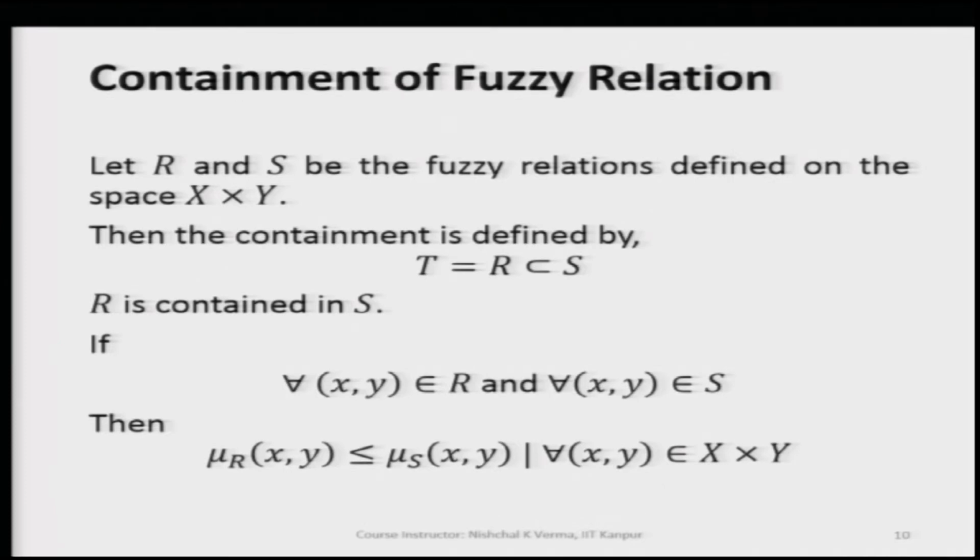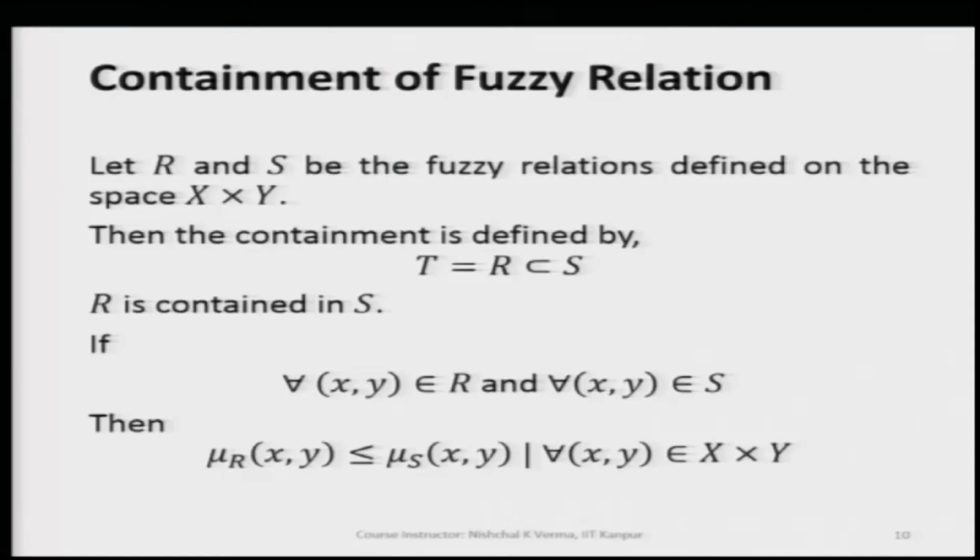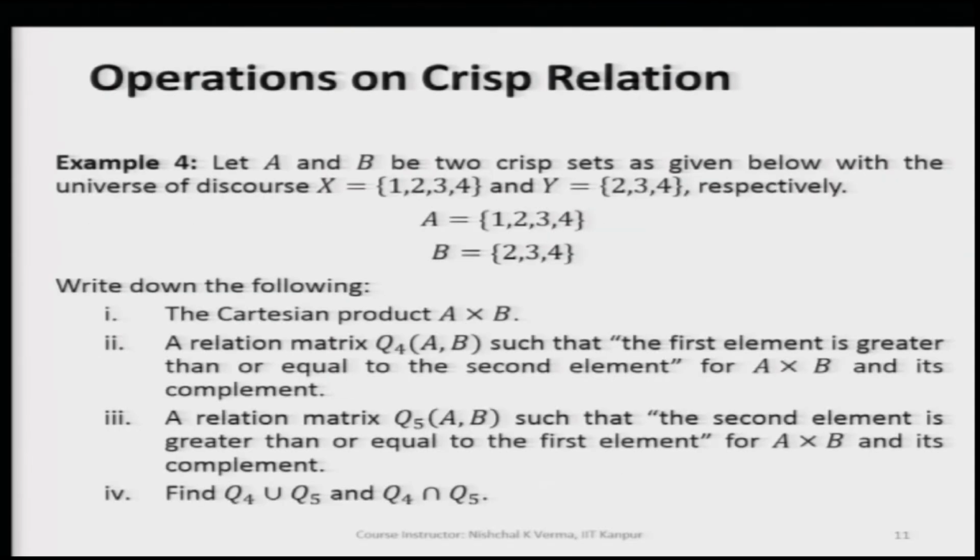R is contained in S only if for every ordered pair element x comma y belonging to R and S, mu R of x comma y is less than or equal to mu S of x comma y, again for every ordered pair x and y belonging to the space of capital X cross Y. This can be well understood by taking one example here.